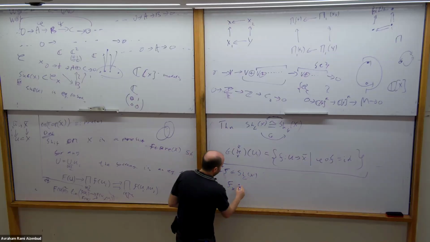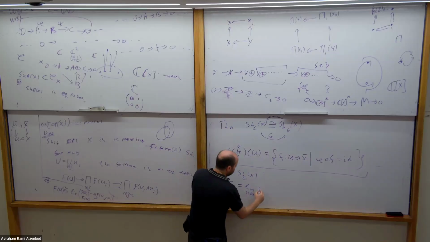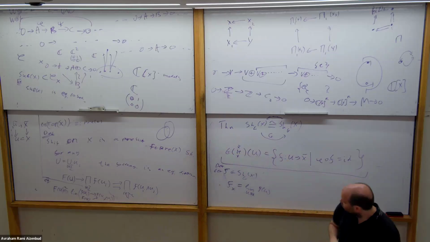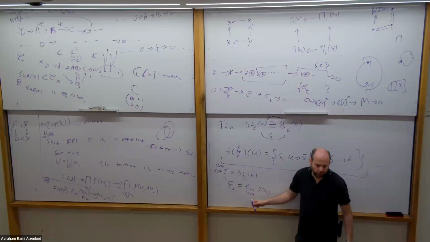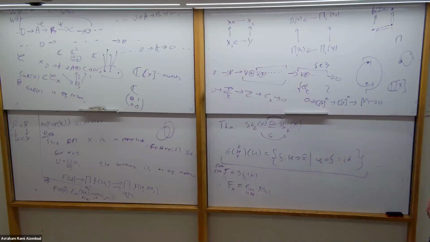How we define it is equal to the limit over all open sets that include X. So what do we mean by limit? This collection is a poset, so it's a category, so we have a shape of the diagram.